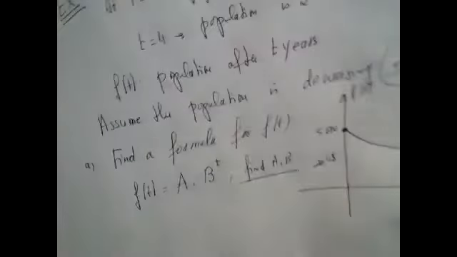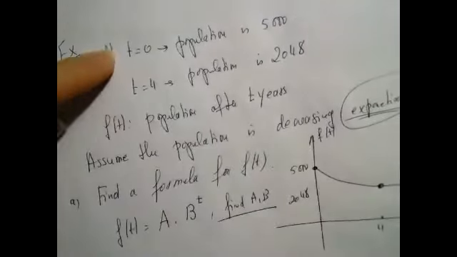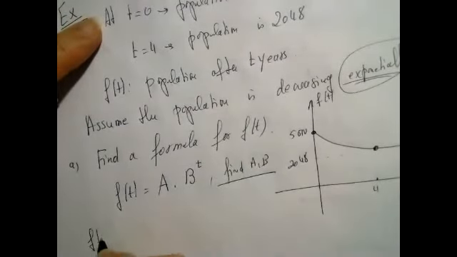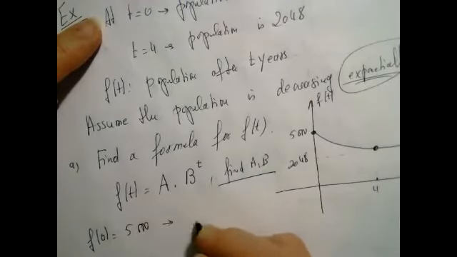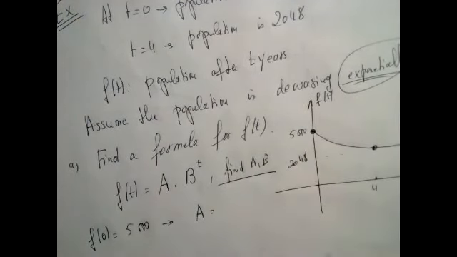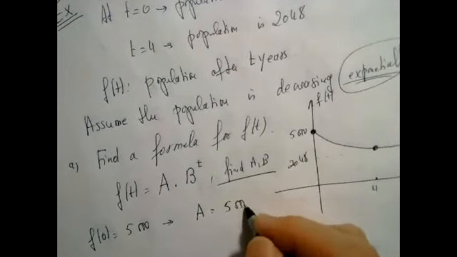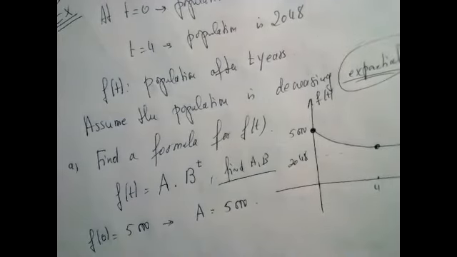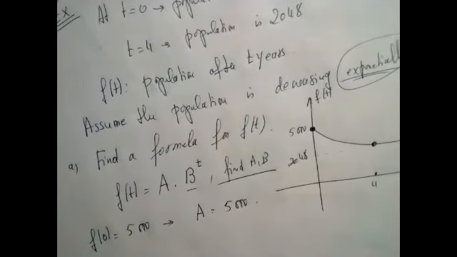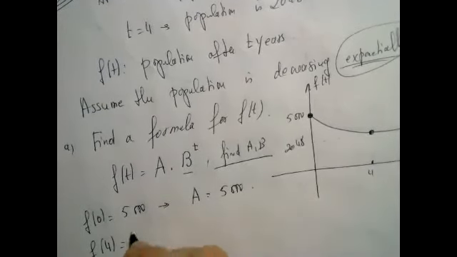All right. Again, I have two data points. I have the initial value, t equal to 0. So we know that initially the population was 5,000. So this tells me that A, because I gave you the initial value, is 5,000. For B, I need the other data point. After 4 years, my population is 2048.